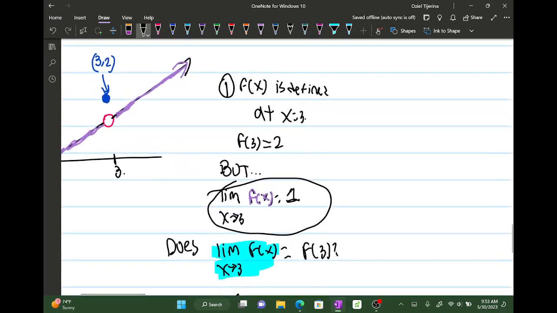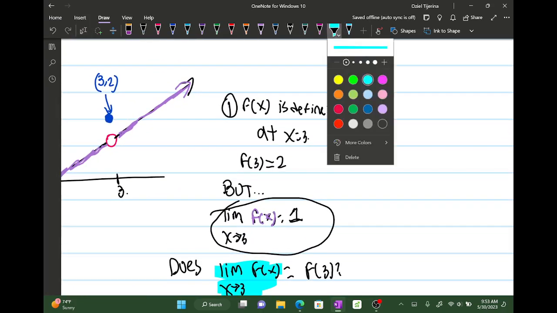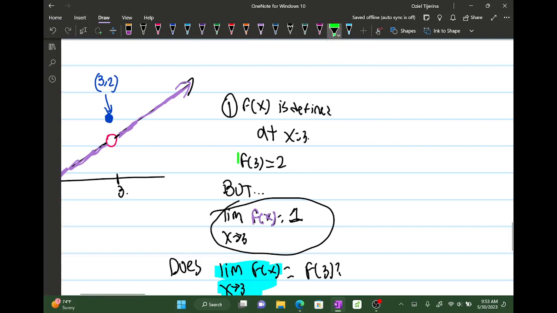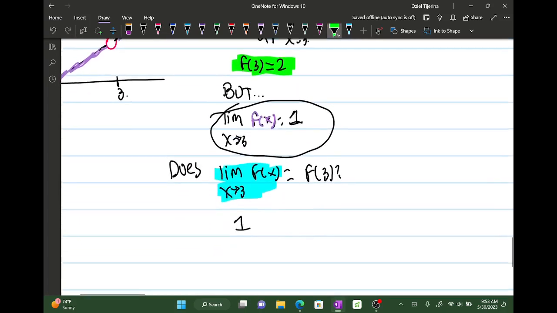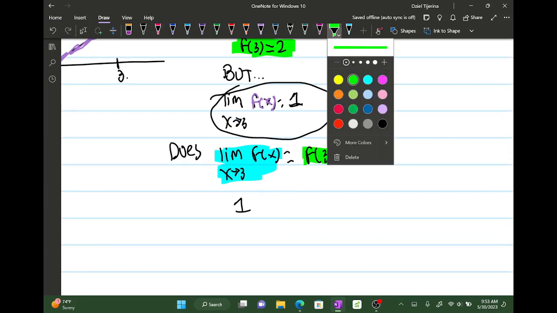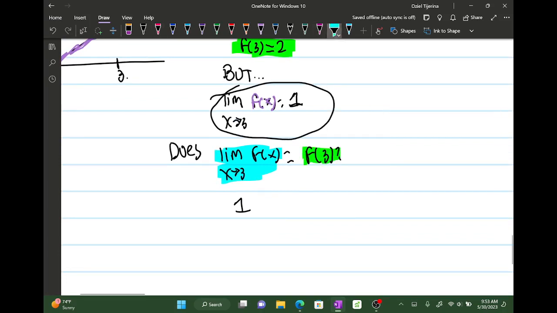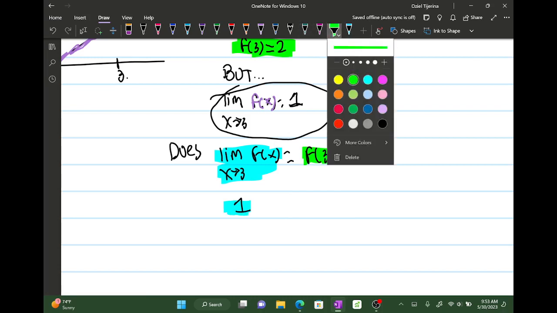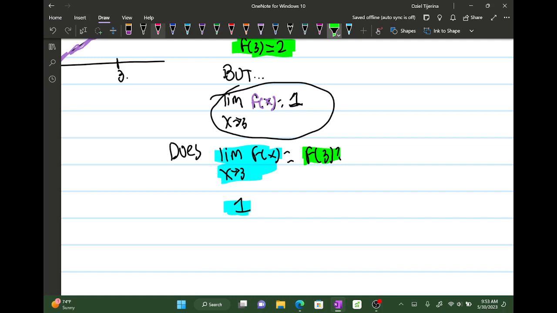And then, like we said earlier, f of 3 on part 1 here was equal to 2. So obviously, we know that 1 does not equal 2.